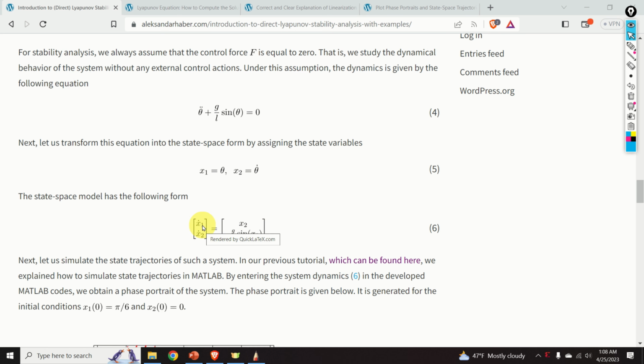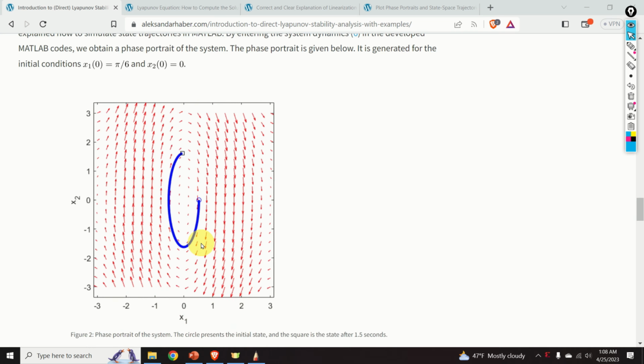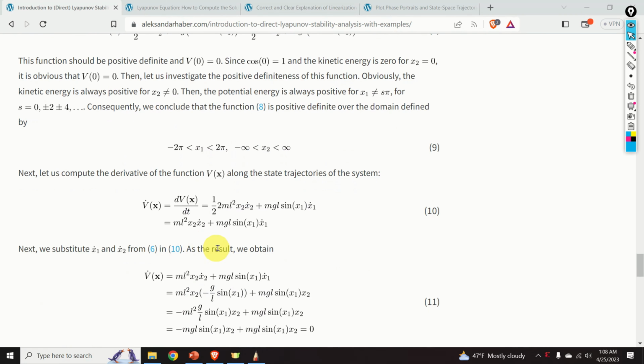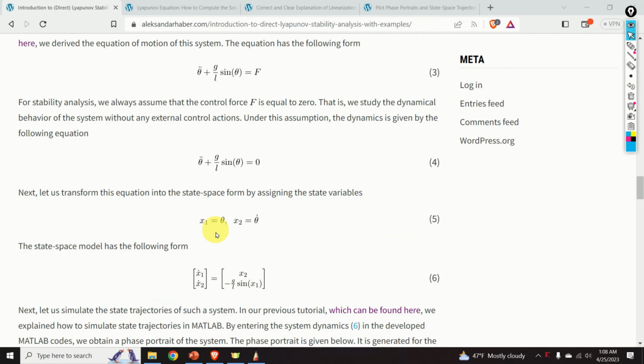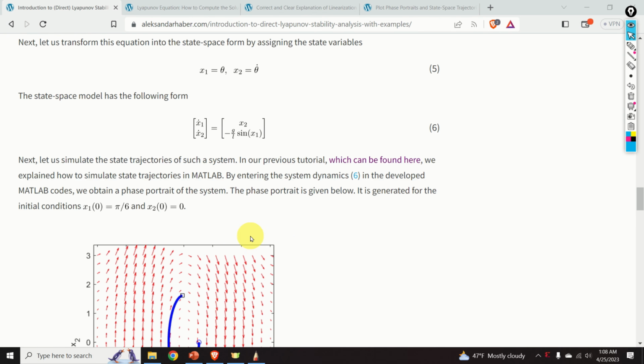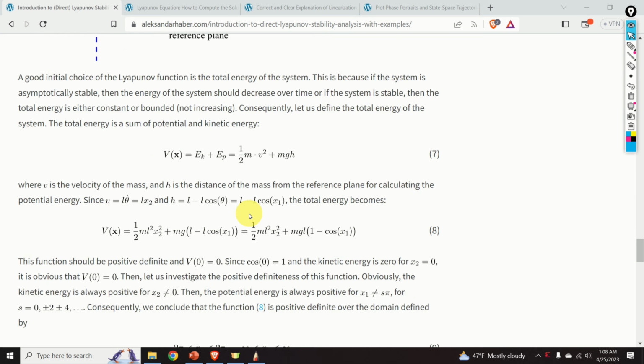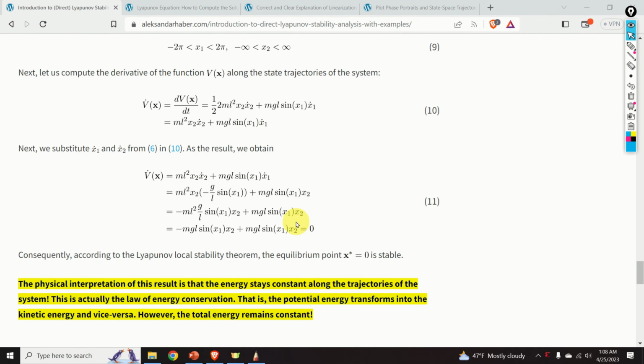So instead of x1 dot and x2 dot, in this equation, we use the expression from our dynamics. So instead of x1 dot, I will write here x2. And instead of x2 dot, I will write minus g over L sine x1. And after substitution, we obtain this expression.